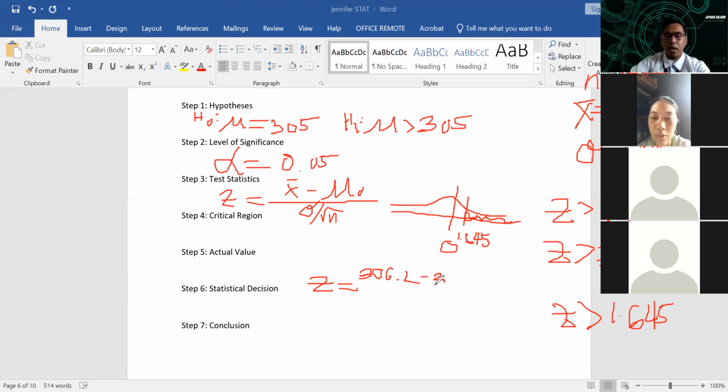Minus 305, all over your population standard deviation 1.89, all over the square root of your n. But your n is 55. Can you follow? Nakuha ninyo class? Nasabtan ra? Again, step 5 should be based on your step 3.